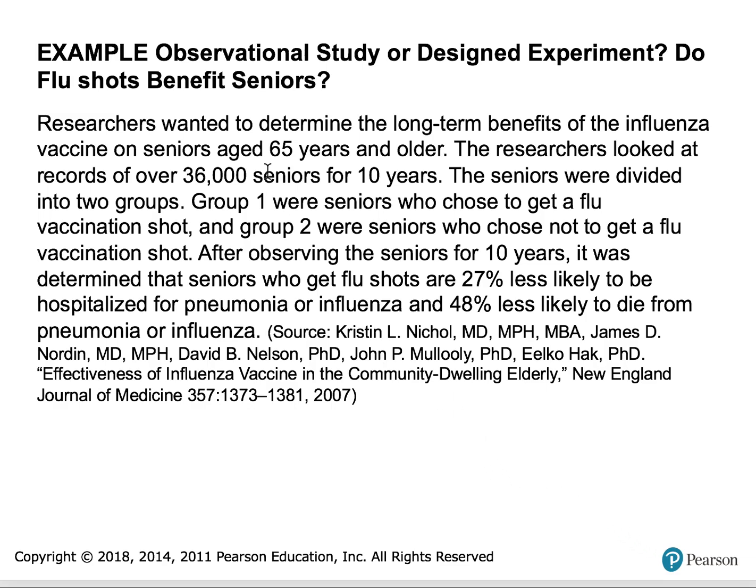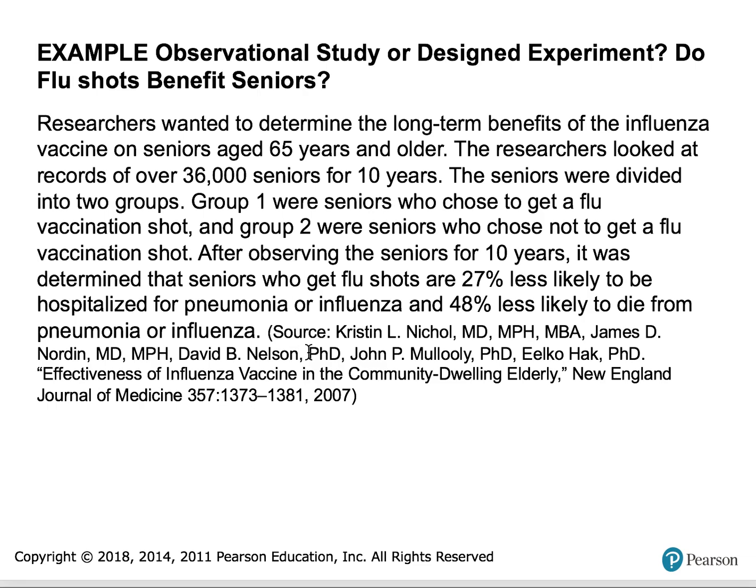So, researchers wanted to determine the long-term benefits of the influenza vaccine on seniors aged 65 years and older. The researchers looked at records of over 36,000 seniors for 10 years. The seniors were divided into two groups. Group 1 were seniors who chose to get a flu vaccination shot, and Group 2 were seniors who chose not to get a flu vaccination shot.